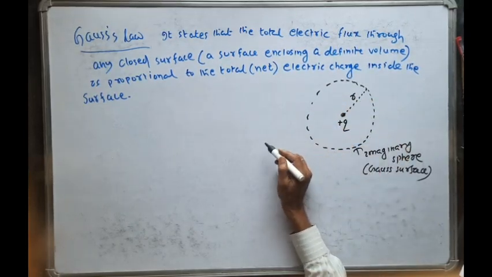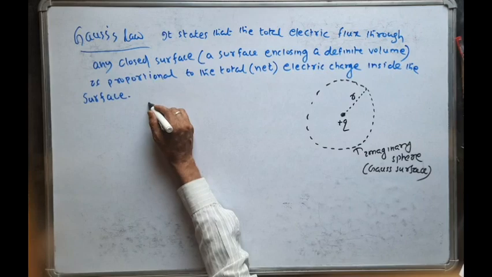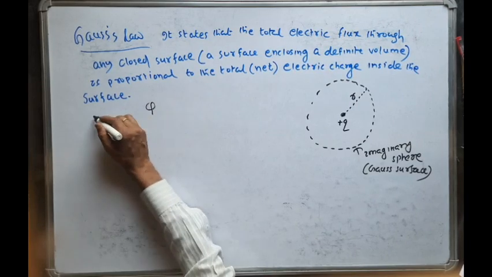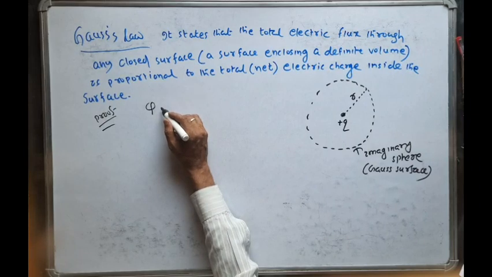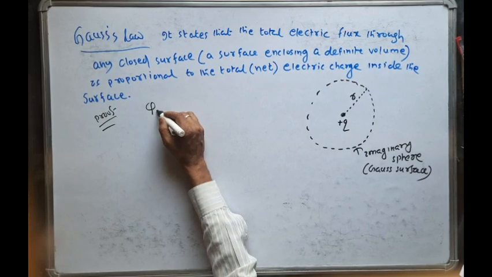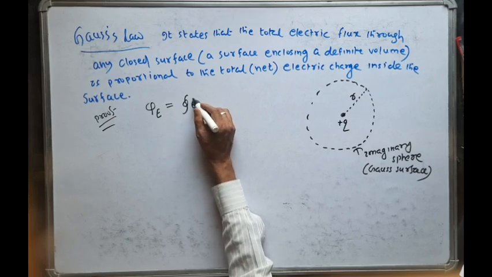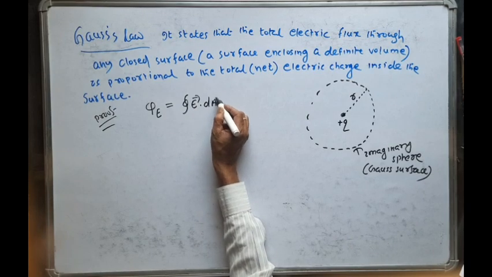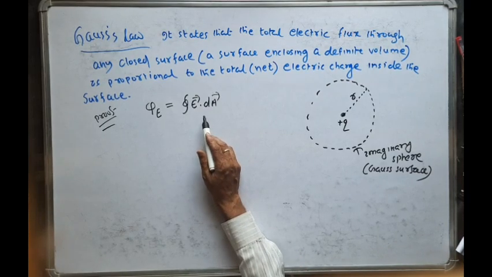Now see, according to the mathematical analysis, you can say this is your proof. The total electric flux is equal to the surface integral of E dot dA. This is the mathematical expression of the flux.